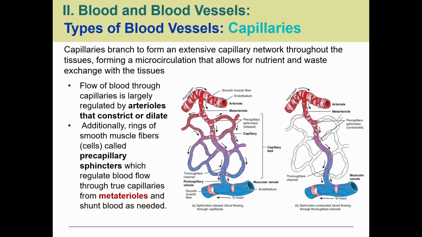They can open or close so that we can shunt blood into certain directions. That's what we're aiming at with those sphincters. If the sphincters are relaxed and open, we can flow through that entire net. If we close off some of those, we can ensure that we are pushing blood in a direction away from where it's shunted off.